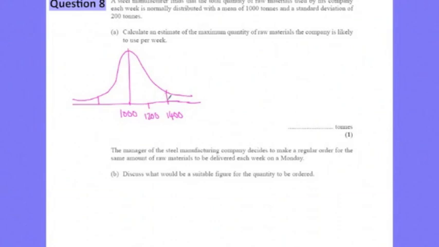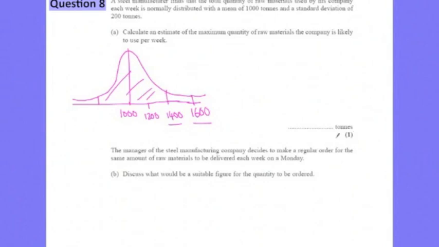So here we have 95% at this point, and then further along, 3 standard deviations is 1,600 tonnes, which contains 99.8% of the distribution. So the maximum quantity that is likely to be used is somewhere between 1,400 and 1,600. So somewhere between these two answers is correct.